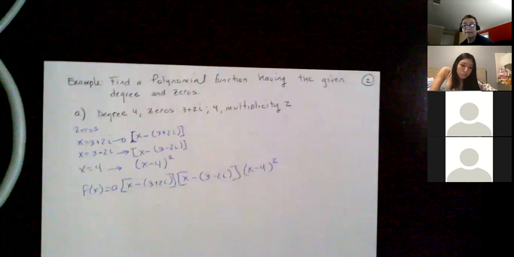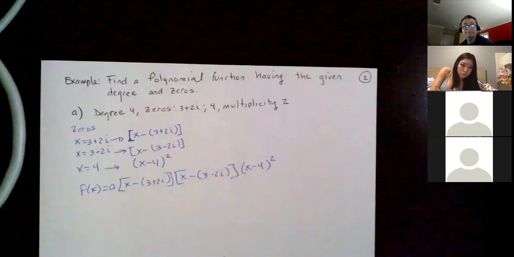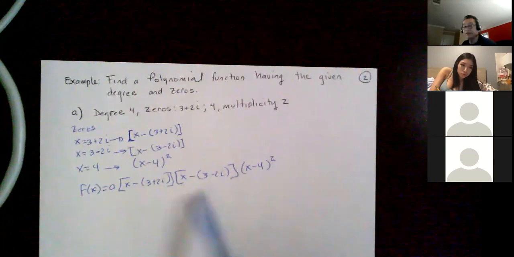I have a quick question. Would you use the conjugate and do negative 4 for the 4? No, only for complex zeros. What do we do with the degree 4 now? Well, we're going to get the degree 4 when we use FOIL to multiply all these factors.